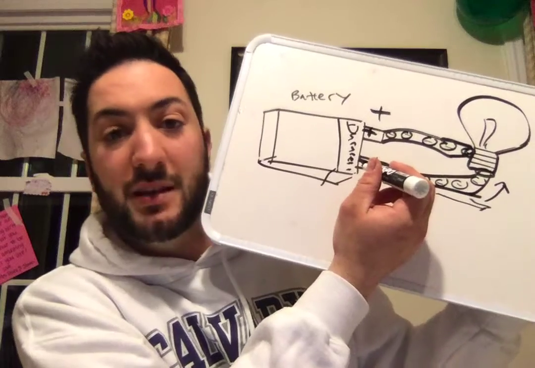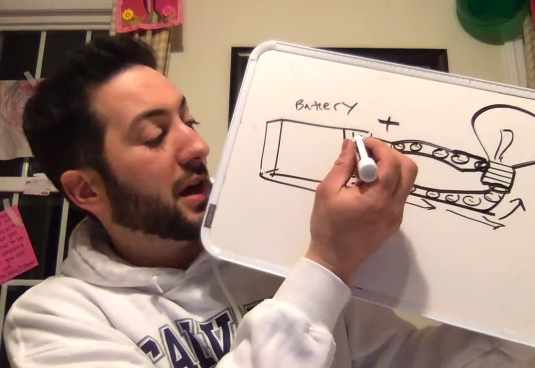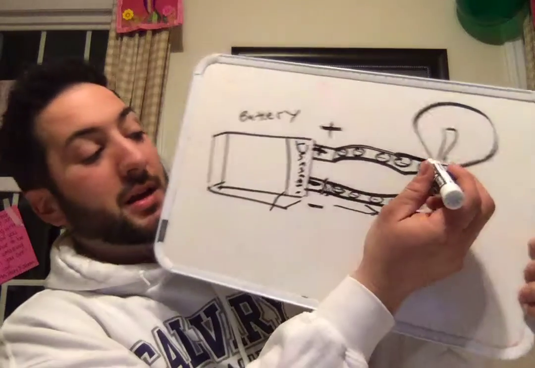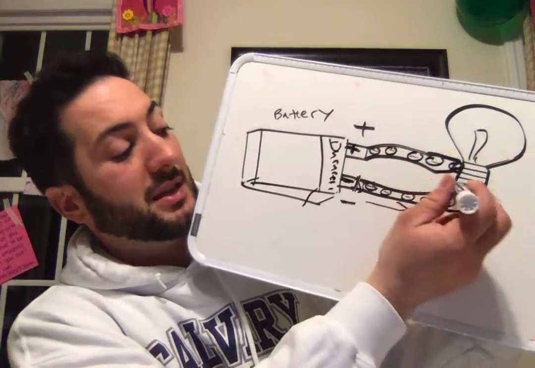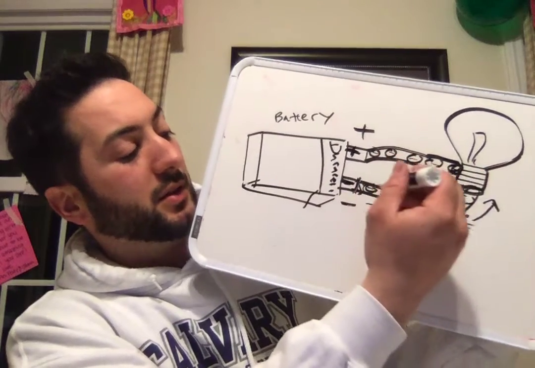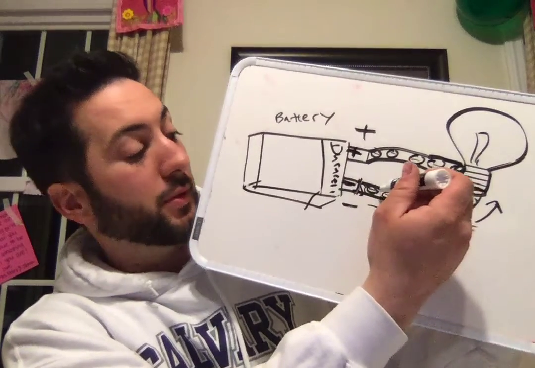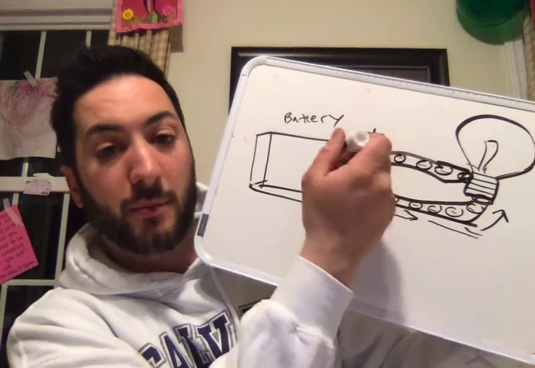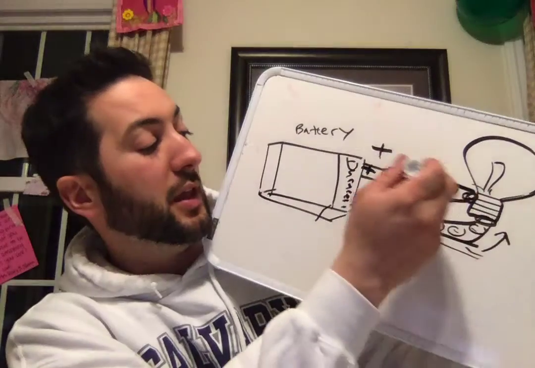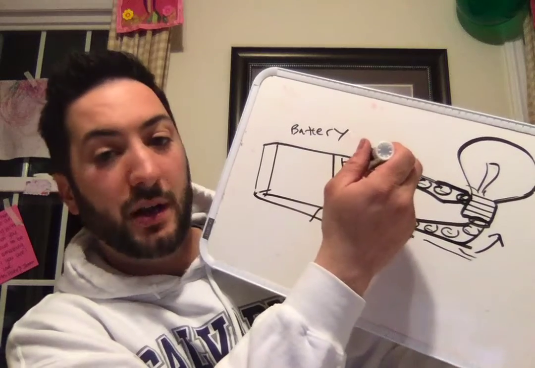There's a negative here, he's too much like me. I want to get to the positive. So he runs away from the negative and goes this way, passing through the light bulb, carrying their energy with them and powering the light bulb. And they go to this plus right here.